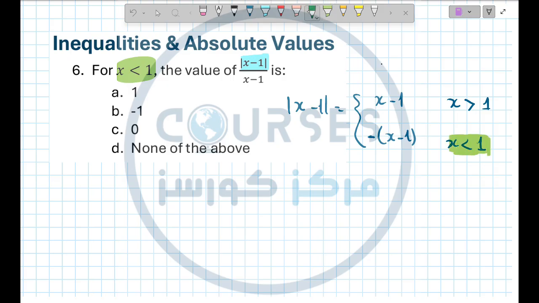So this is the value that he wants. So this will be equal to negative (x minus 1) over (x minus 1). X minus 1 will cancel with x minus 1. We will just be left with the negative, and that means negative 1.